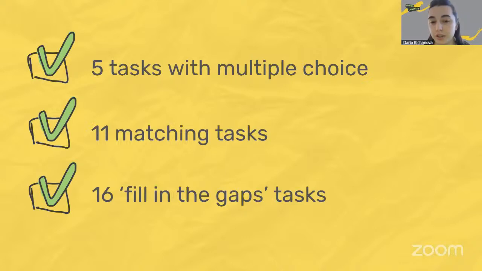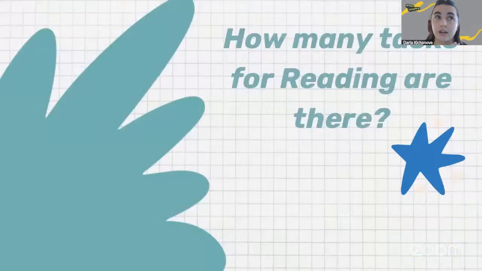When we are talking about reading and use of English, we may have with you 3 types of tasks. These are reading, we have the first part, then we have use of English, and this is reading, we have 4 tasks.